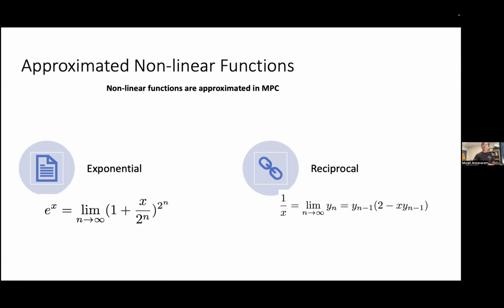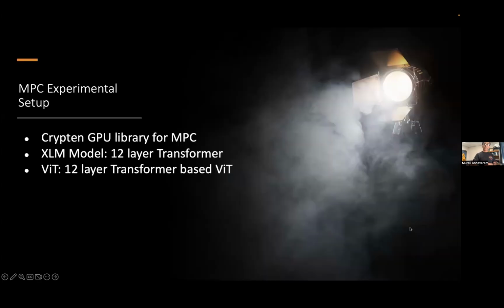In an MPC setting, to compute e to the power x secretly, because x is a secret, they typically simplify that using a simple Taylor series-like expansion using this equation. Similarly, reciprocal is computed using a very simple approximation. Those are the two things that they do, just to keep in mind.